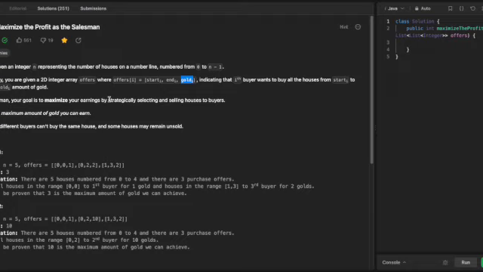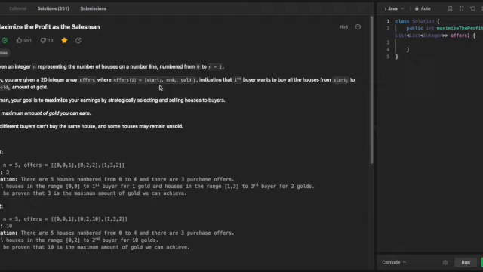A few constraints are that the offers cannot overlap. So if we sell one house to one of the offers, we cannot sell it again to another one. And the other is that the order of offers that we accept doesn't matter.